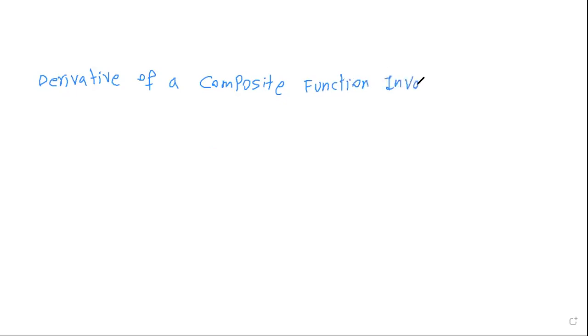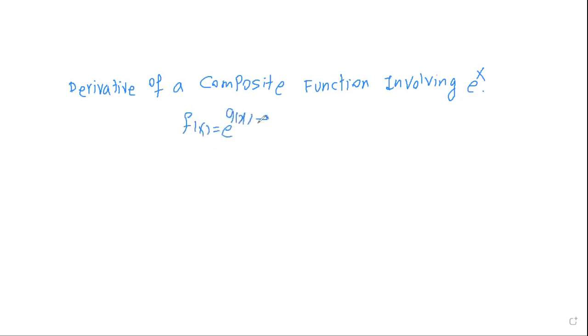Derivative of a composite function involving e to the power x, yeah. Listen, f is one function. Now, for example, f(x) is e to the power g(x), yeah.